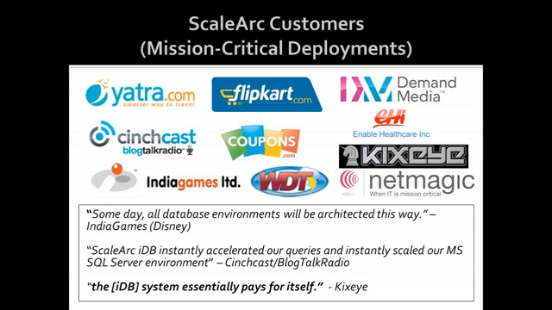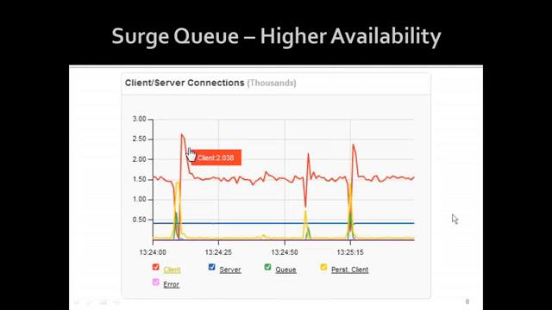So in this particular screenshot, this is an online gaming customer of ours that experienced some major success with a recently released game. So much so that their built-out capacity was actually overwhelmed with traffic.